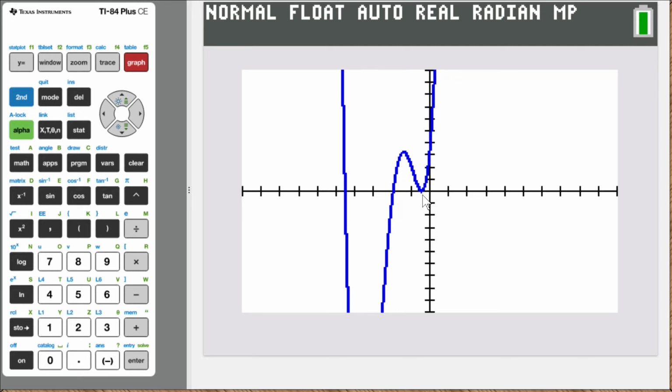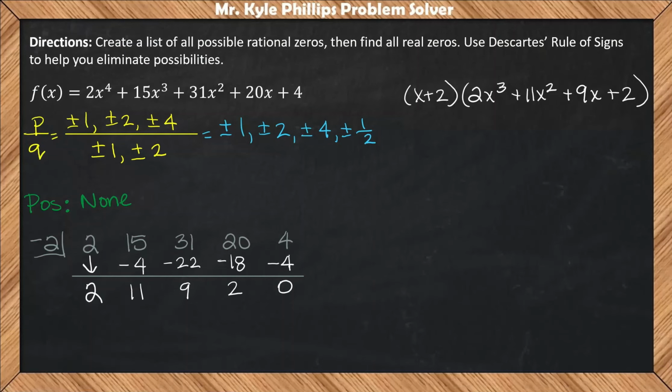But since this looks to be -1/2, we'll try it. So I'll use my synthetic substitution at -1/2. And then I'll use the coefficients from this polynomial here. So that would be 2, 11, 9, and 2.